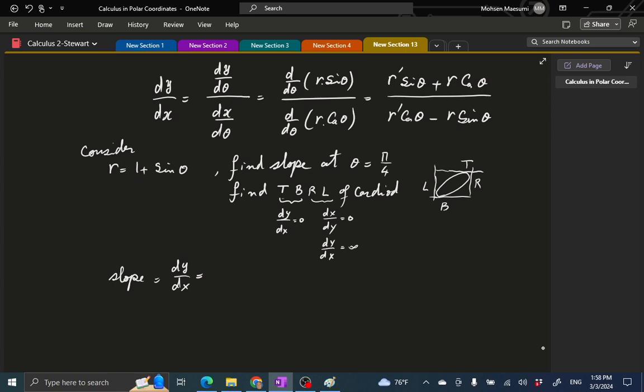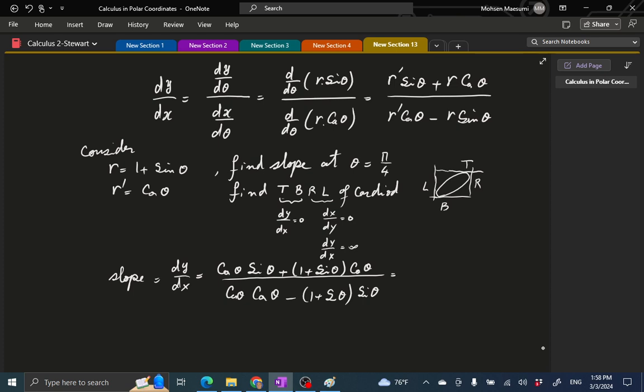r is 1 plus sine theta, so r prime is going to be cosine theta. So I'll have cosine theta sine theta plus 1 plus sine theta times cosine theta, divided by r prime, which is again cosine theta times another cosine theta, minus 1 plus sine theta times another sine theta.